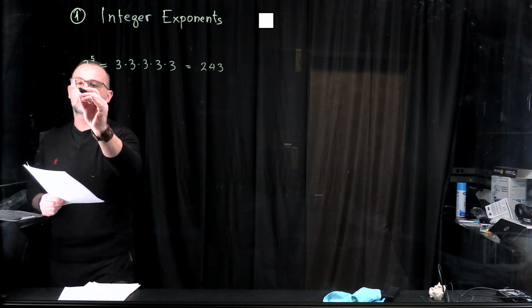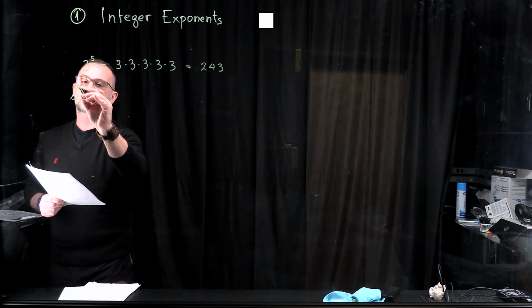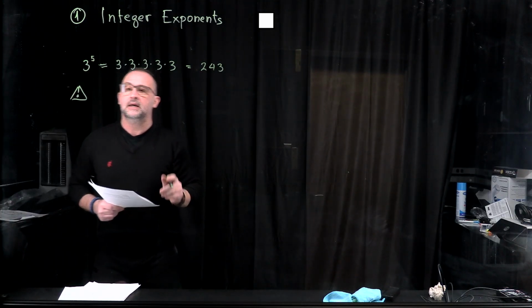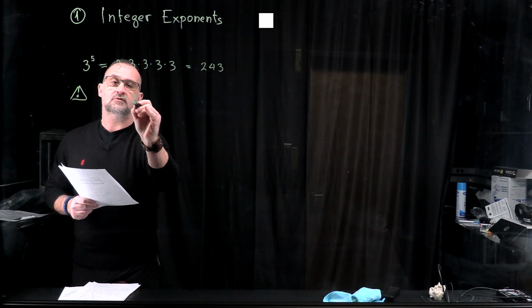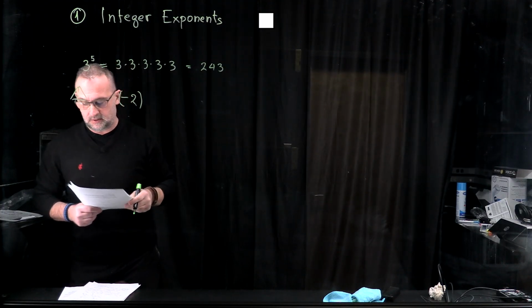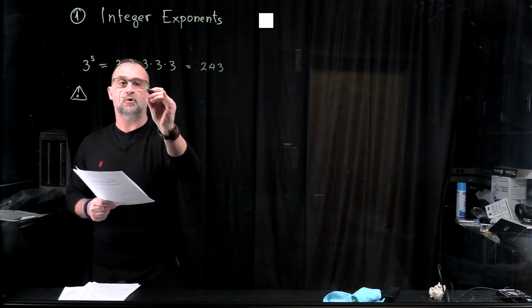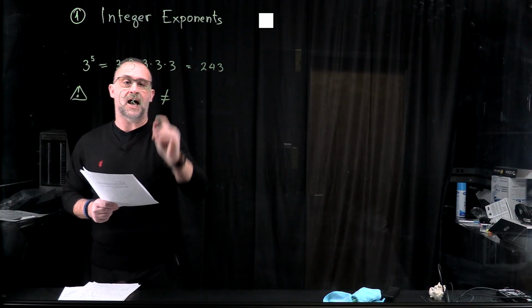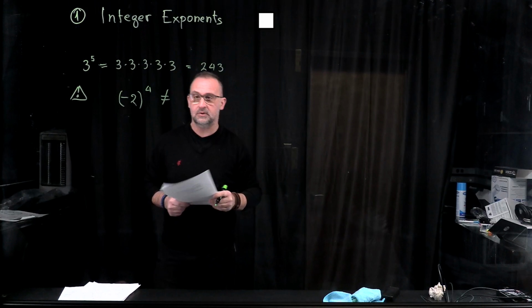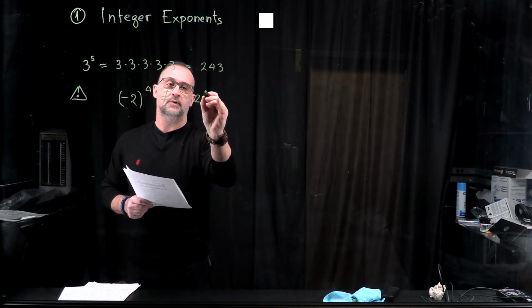One point of caution, which is a common mistake, is the case of (-2) in parentheses raised to the power of 4. That is not equal to -2 raised to the 4.